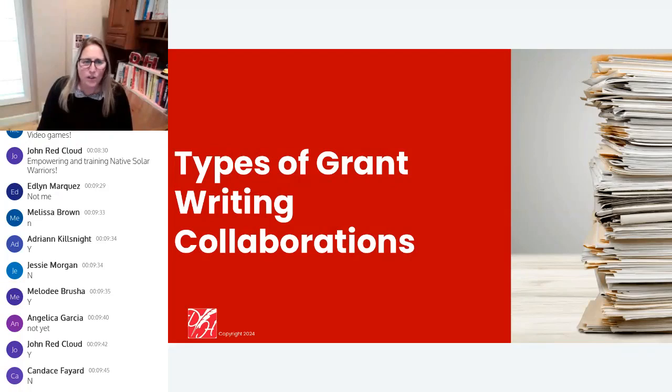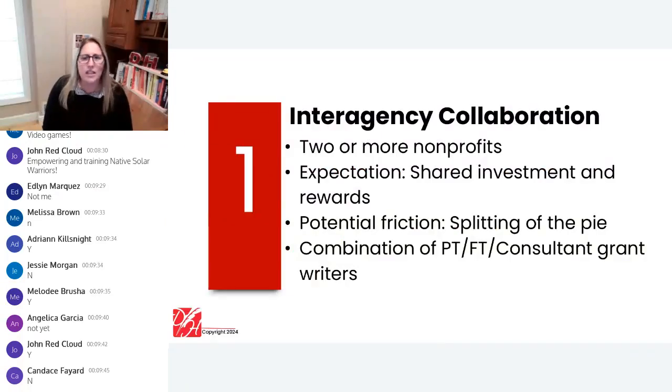And so where I'll start is with interagency collaboration. What this means is that 2 or more grant-seeking organizations come together in order to apply for one grant opportunity. This could be that you as a tribal organization are going to be the lead applicant, maybe to a federal grant, maybe to a state grant, maybe to a private foundation, but there are other community partners that are going to be part of that work.